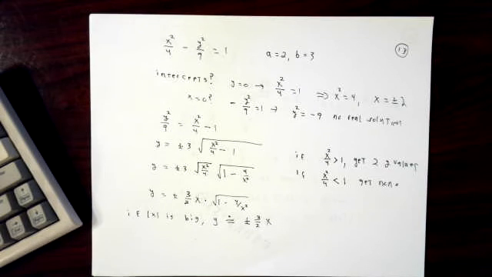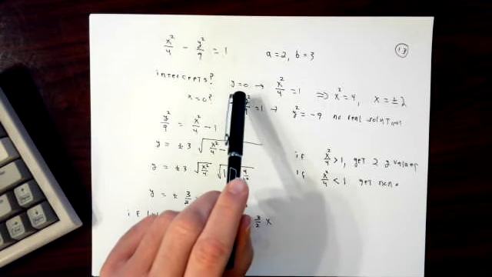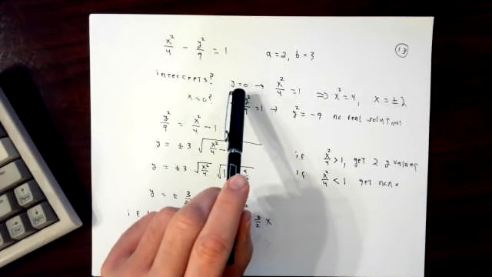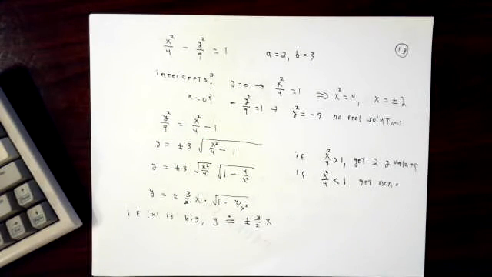If I go looking for intercepts, I'm looking for places where y equals 0 on this graph. That'll give me the x-intercepts. The equation says x squared over 4 is 1, which obviously means x could be 2 or negative 2. So I'm going to have 2 x-intercepts here.